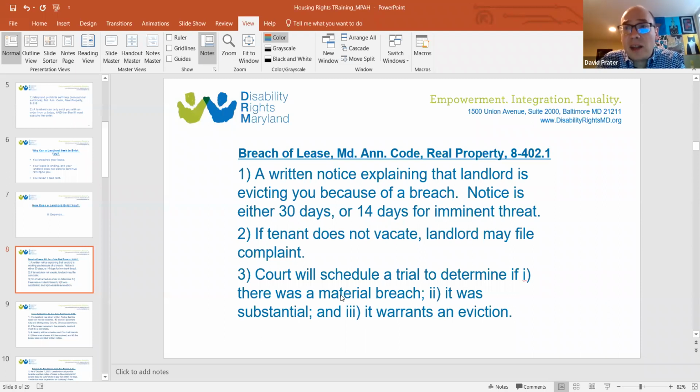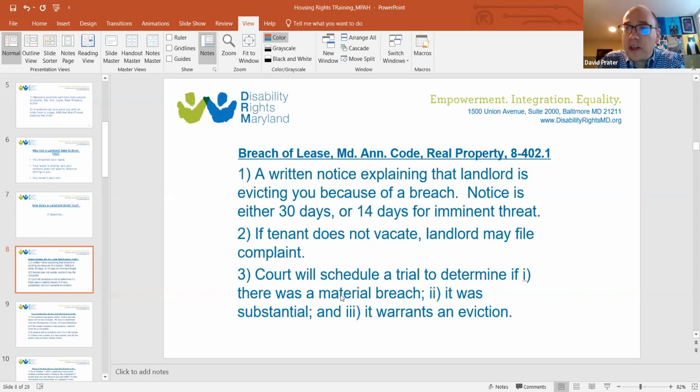This is something that can happen frequently. Sometimes landlords will send 30-day notices, and the next day they will then file a complaint in court. That is not the right procedure. A landlord has to wait for that notice to expire. They have to wait for those 30 days to pass before they can even file a complaint in court.